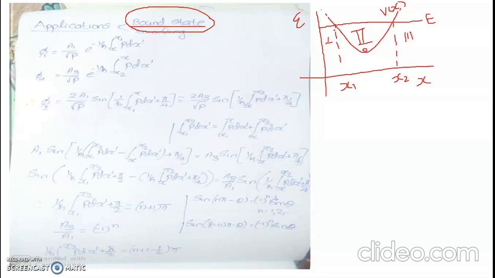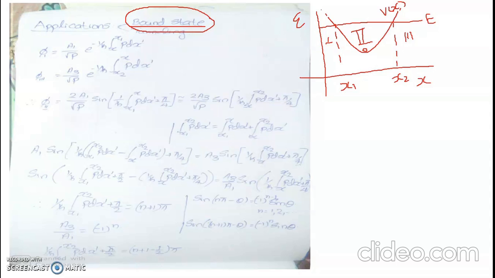But as you move away from these two turning points in region 1 and 3, the potential energy will largely exceed the total energy, so that the probability for finding the particle will diminish rapidly as you move away again and again from the turning points in both regions 1 and 3.